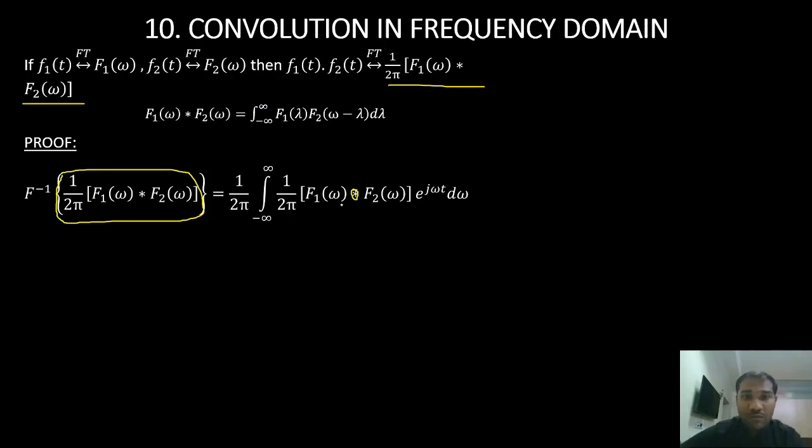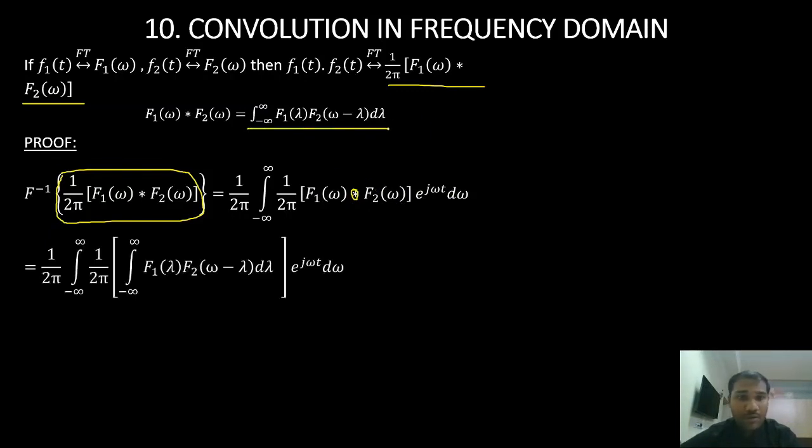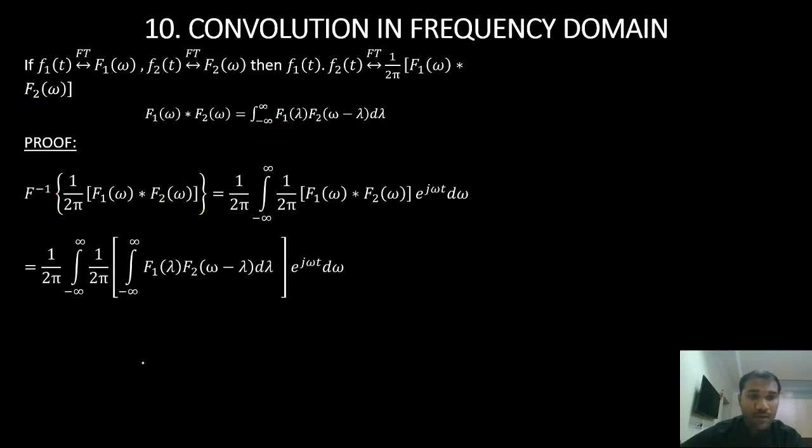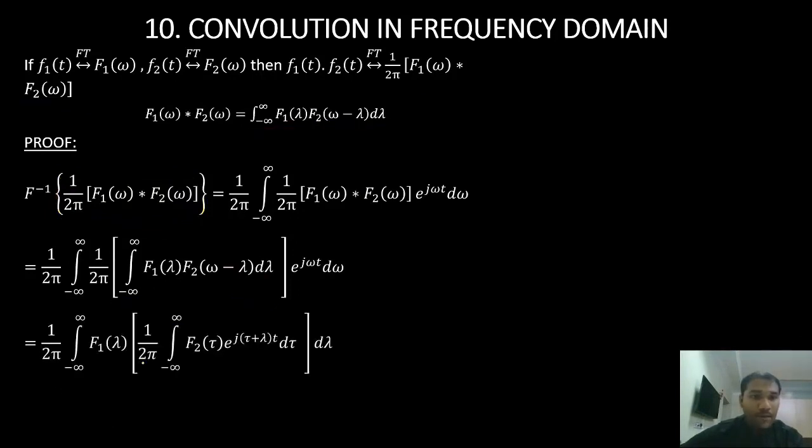So in place of F1 of omega convoluted with F2 of omega, I will substitute my convolution integral. Then I'll separate these integrals here. 1 by 2 pi integral from minus infinity to infinity; I'll take this outside and I'll take this inside.